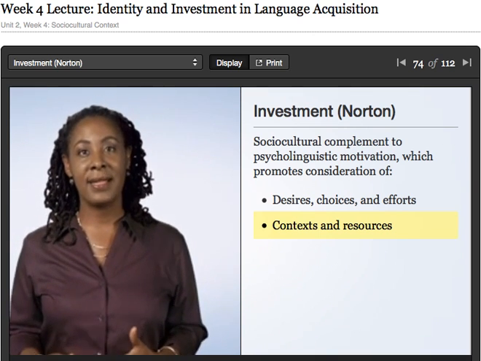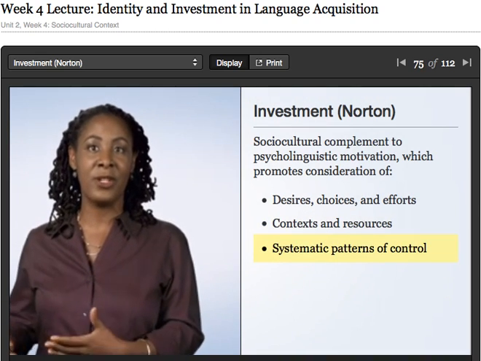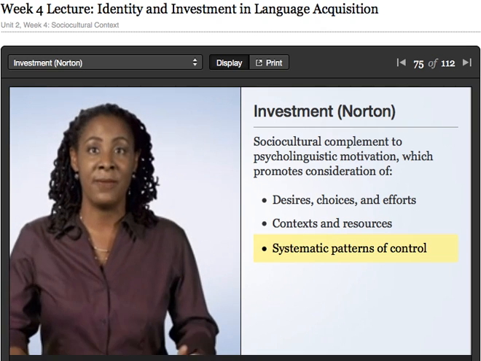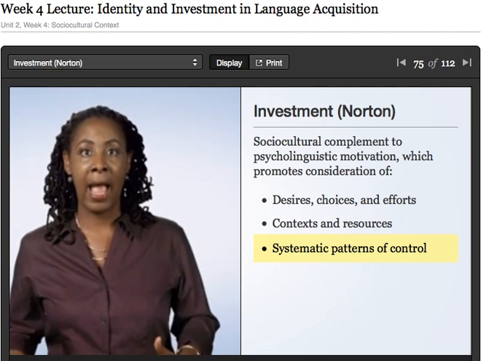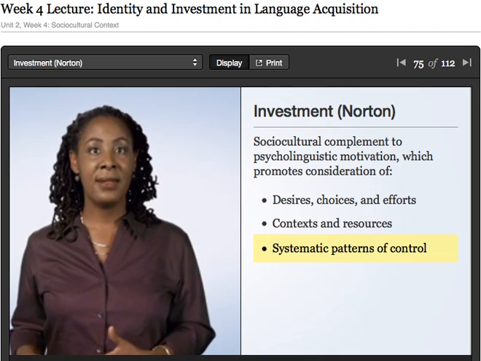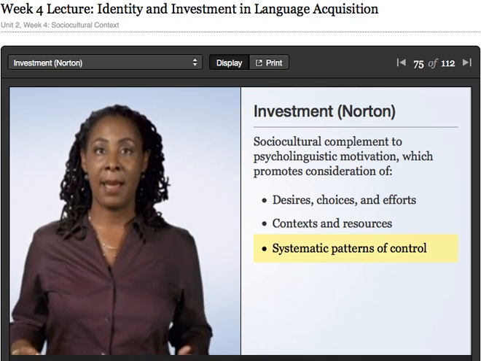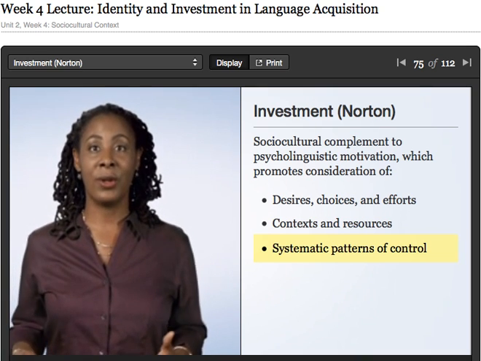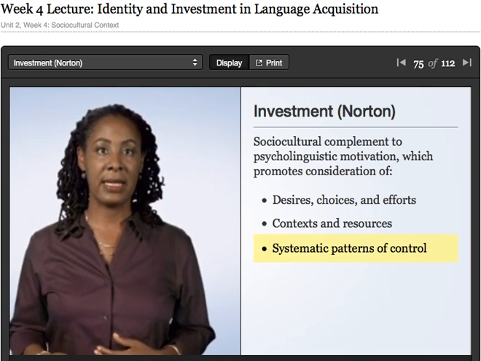Investment also asks us to think about systematic patterns of control. For example, ideologies that govern whether they should be involved in language learning or how or not. And capital, right? Social capital, their networks and their ability to be involved, or their cultural capital and other resources.